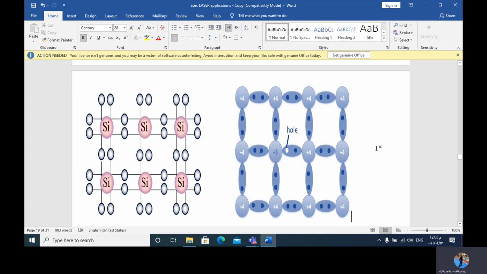And this can be done by raising temperature. So again, if I have a pure silicon crystal and you raise the temperature, one electron in the covalent bond will acquire the energy and break free, and the place which was occupied by this electron is now a hole. We consider this hole a positively charged carrier.